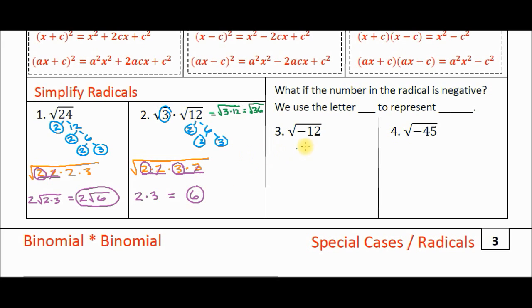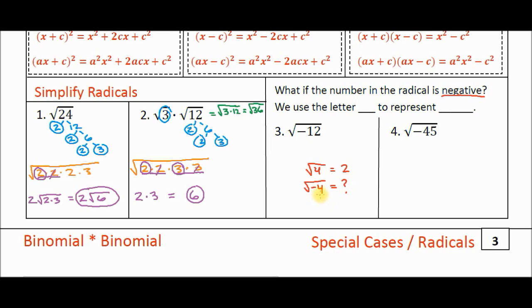Okay, now here's the new part for you. What if the number in the radical is negative? What if it's negative? Now, here's our problem. If I asked you, what's the square root of, let's say, the square root of 4, you would say, well, that's easy. Square root of 4 is 2, because 2 times 2 is 4. Well, what if I asked you what the square root of negative 4 is?